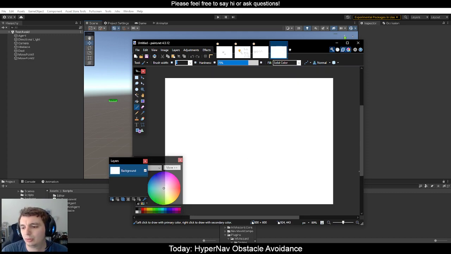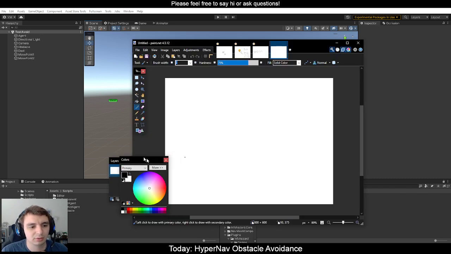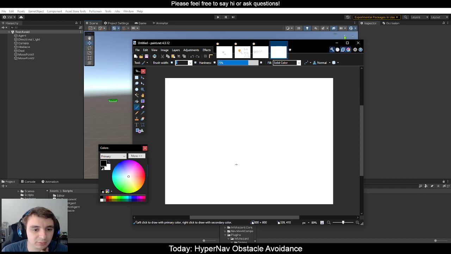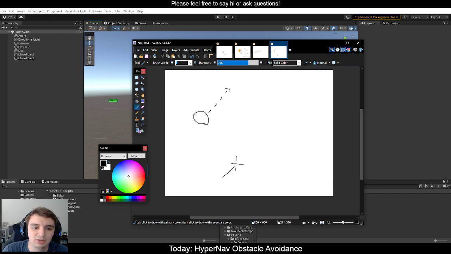Okay, so let's see. So my position, I have an obstacle. Let's say the obstacle is moving this direction, but I'm not imagining the obstacle as having velocity. I'm just imagining there being this inherent negative component to my velocity.